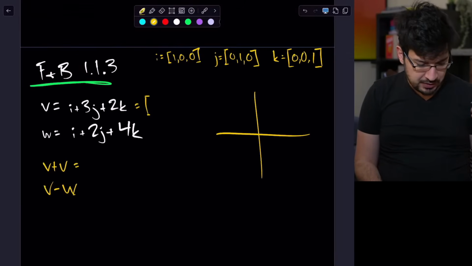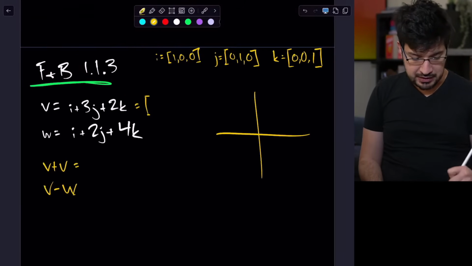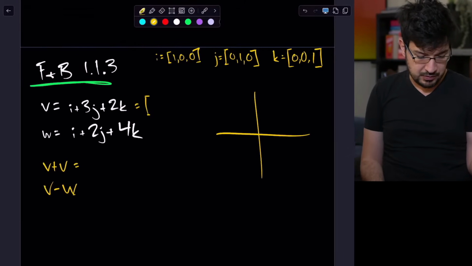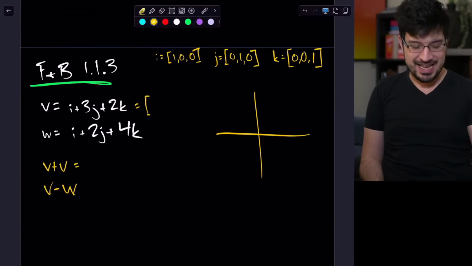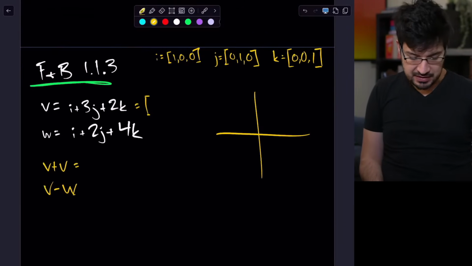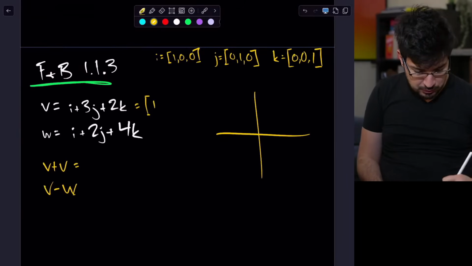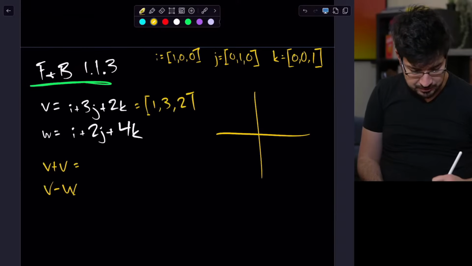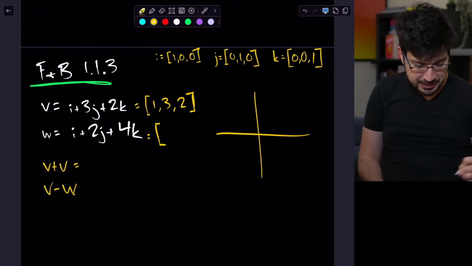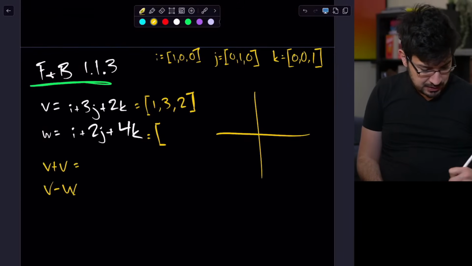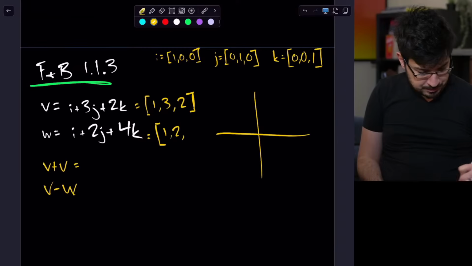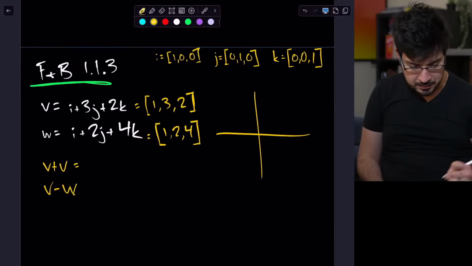So if we multiplied 3i, then we have 3, 0, 0 plus j. 3j would be 0, 3, 0, and then 2k is 0, 0, 2. So v is going to be 1, 3, and 2. It's actually exactly like the order of how they're written out here. w is 1, 2, and 4. And now I can go ahead and sketch those.